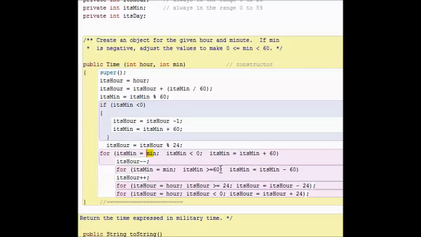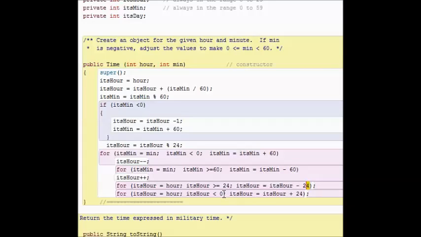What do you do if the minute's greater than 60? What you do is you keep on adding to the hour and subtracting 60 until the minutes become within the range 0 to 60. Okay. And here's a case for dealing with the hours.